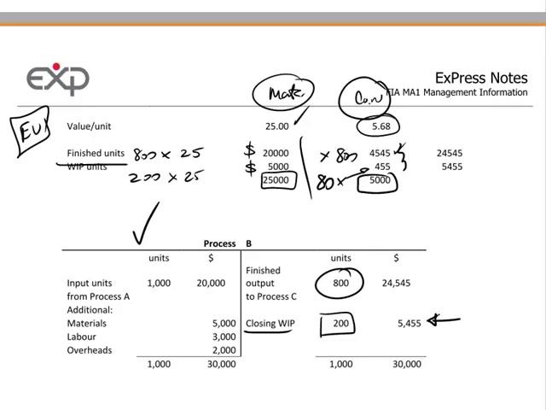And their value is 5,000 of materials plus $455 worth of conversion costs. So if we add across here, we can see that 5,455 is the accumulated value of materials and conversion costs built into the WIP. And of course, the finished units would be 20,000 plus 4,545 conversion costs, 24,545.